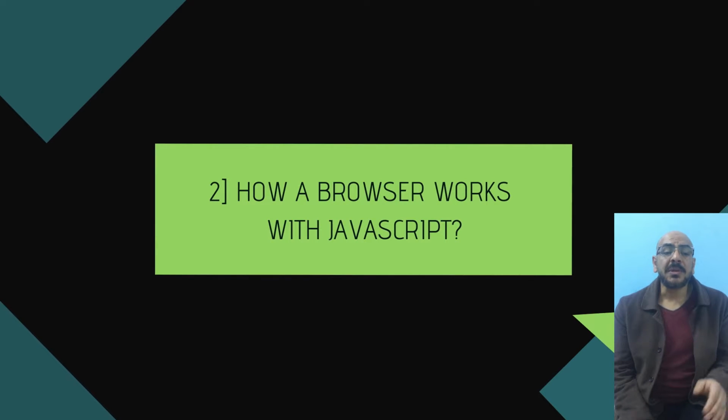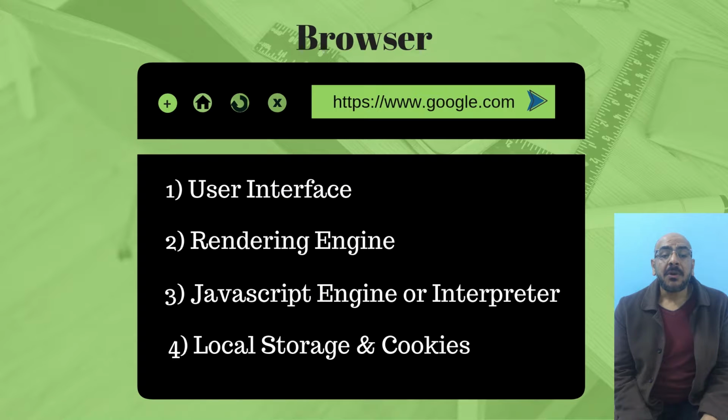How does the browser work with JavaScript? Before we go further, we have to take a quick look at the browser itself. The browser is a piece of software responsible for representing or visualizing the data coming from the server. So, what are the main components of a web browser? The first component is the UI, or the user interface, which means the visual part the user can communicate with.